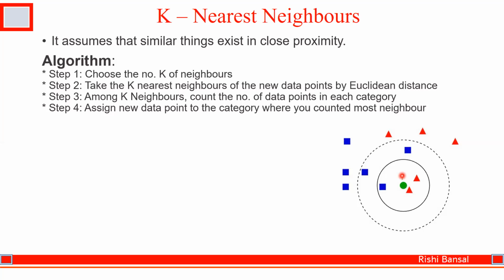So that is very simple. The only thing that varies is how many neighbors you are going to consider. Instead of 3, if you say I am going to consider 4, that is fine, though 4 may be a bit of a problem because it's an even number. So like that you can do it.